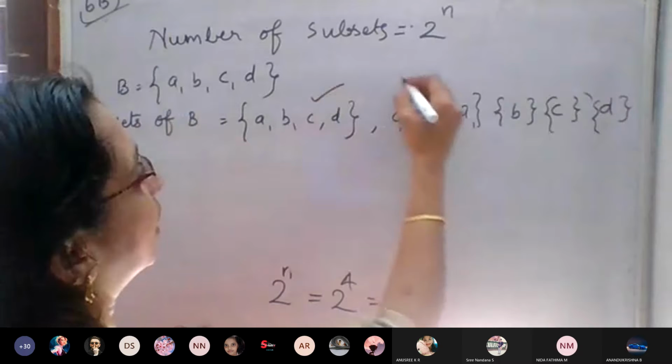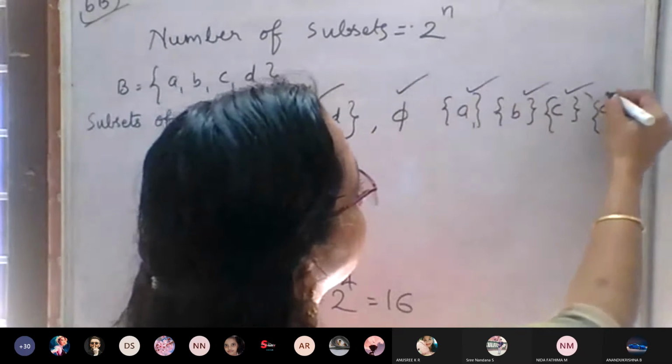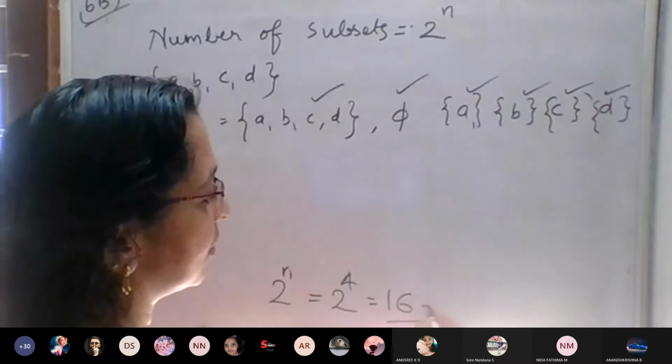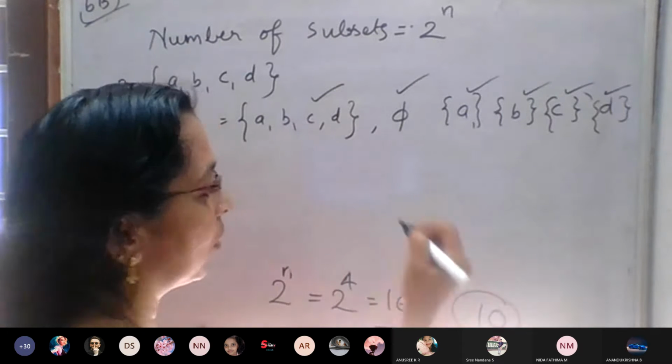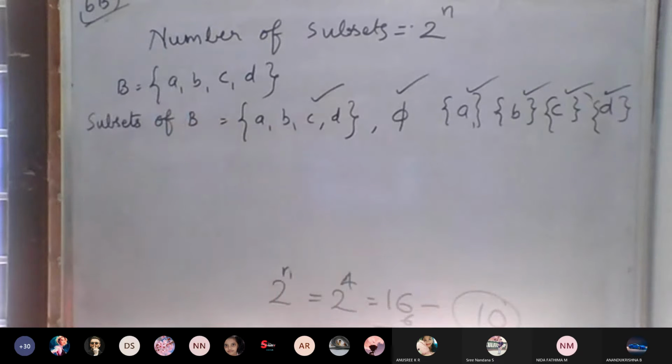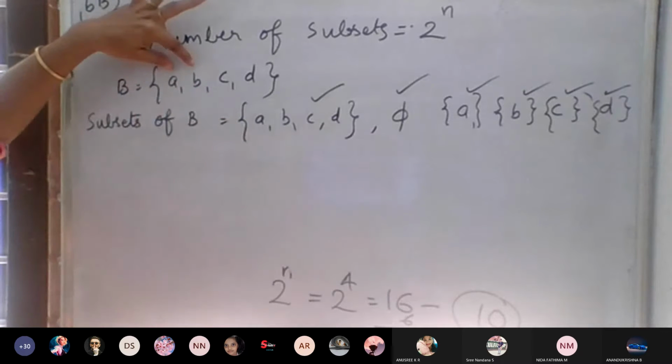So now we got only 6. The remaining 10 we have to find out. Total 16 should be there. Then grouping.